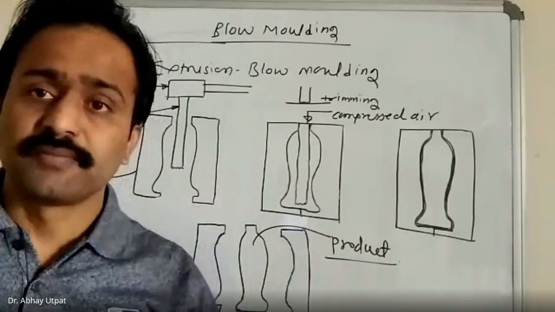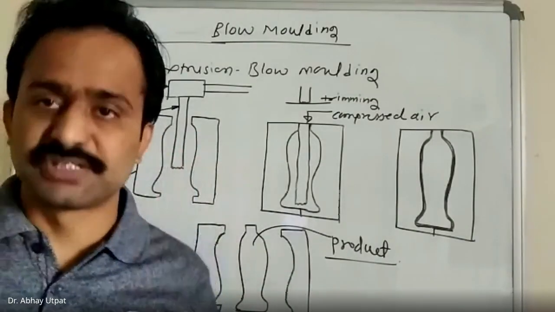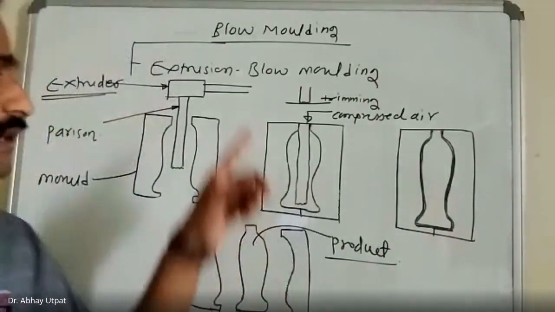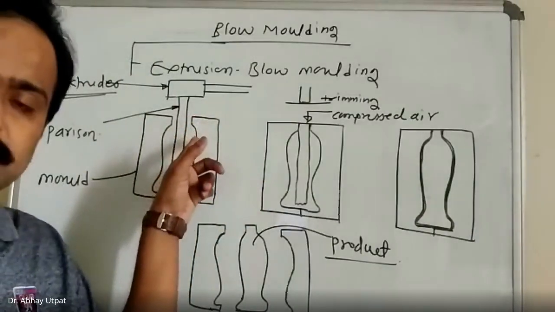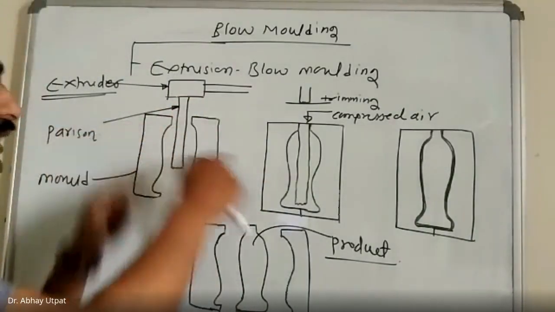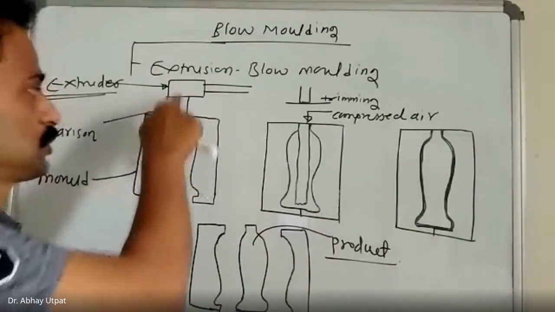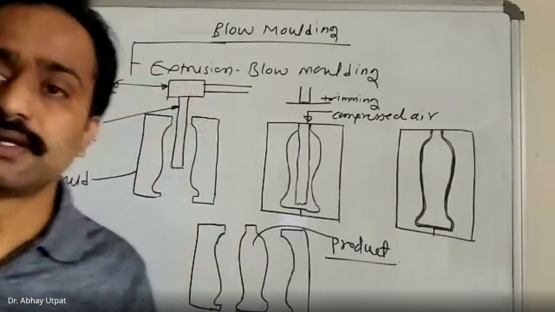Second thing, intricate shapes and good quality of neck finish are not possible in this extrusion blow molding, because this is a complete parison. You are closing it. Neck finish is the finish of the product which is coming outside the extruder.